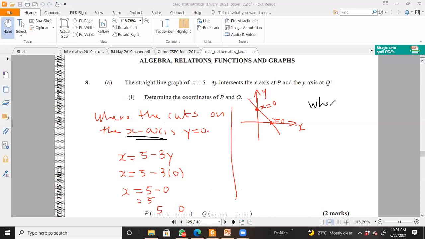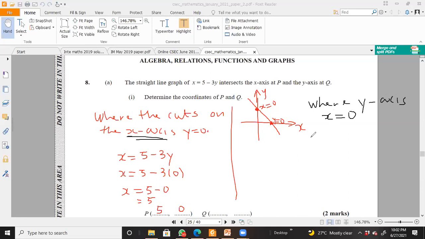Where it cuts on the y-axis, that will be the opposite. What happens? The x value is 0. So this is something you have to learn now, because you don't know what they will ask. So just work with what the program gives.